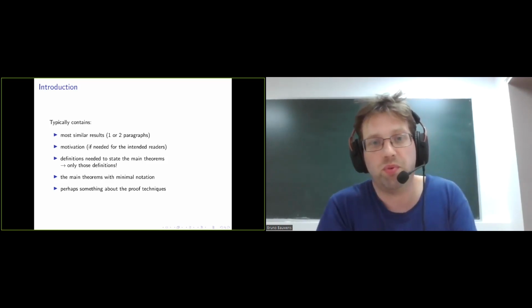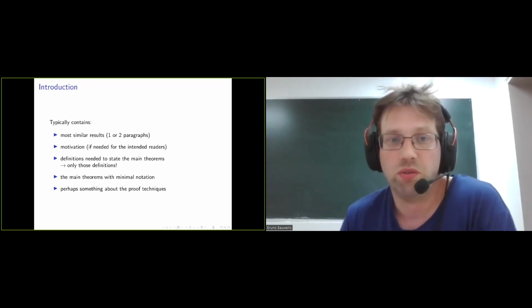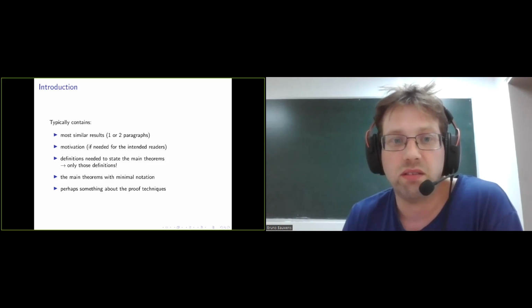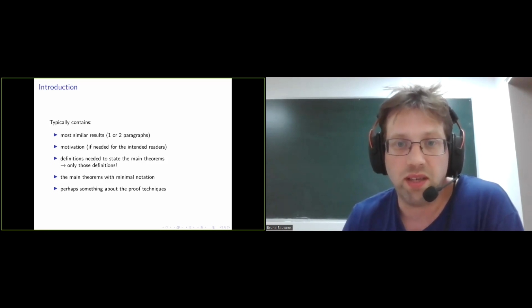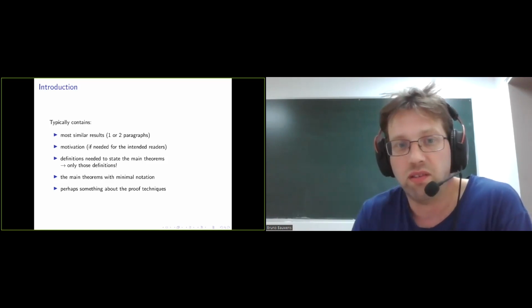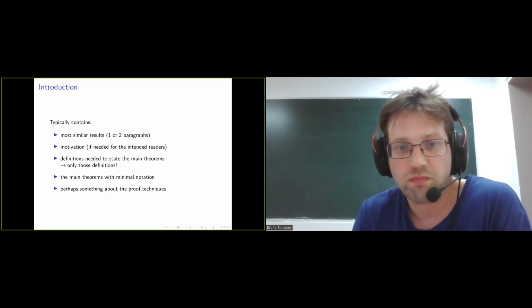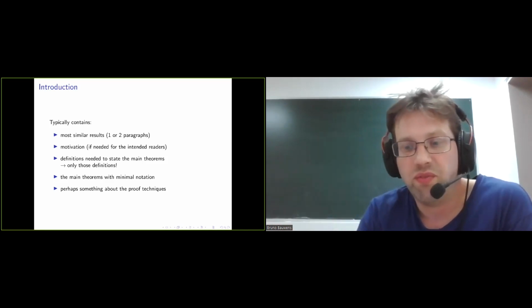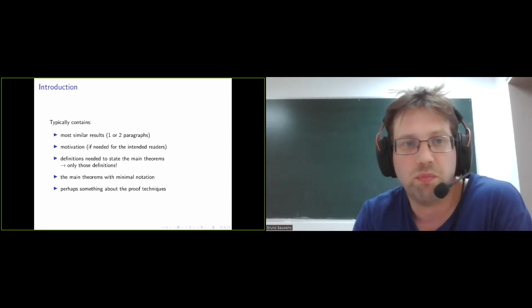So what you should do is optimize your research towards obtaining a result about some elegant definitions. Okay, and then you can, in a few sentences, say something about the proof techniques that you use. This is optional.